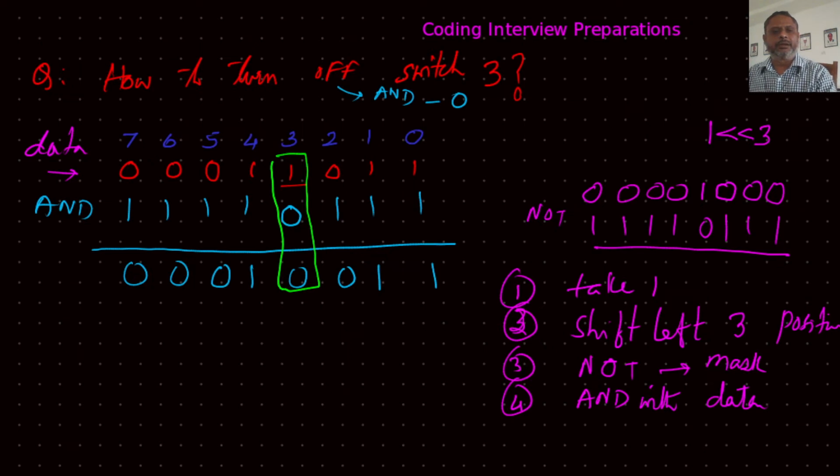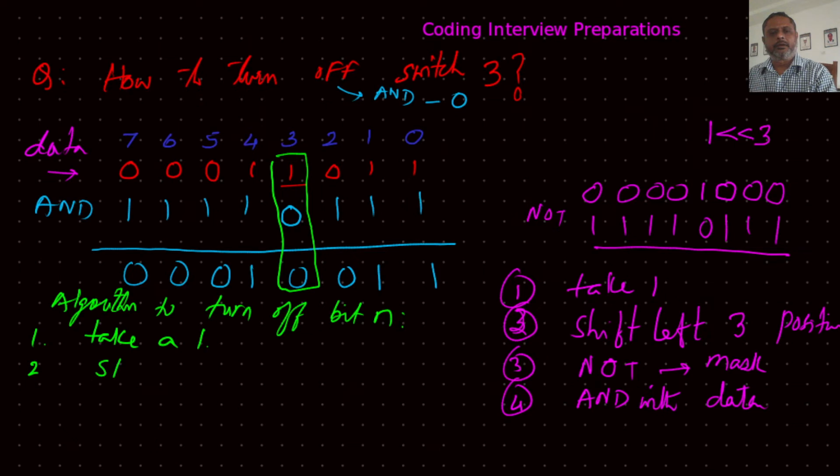So in general, an algorithm, we could say: take a 1, shift left by n positions.